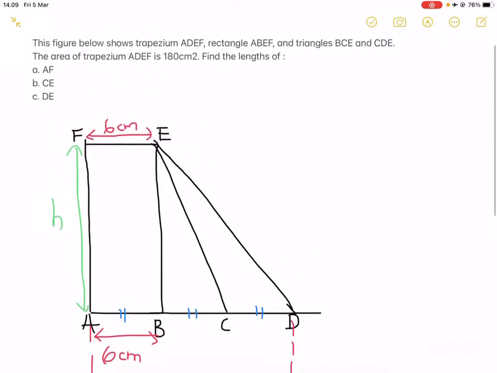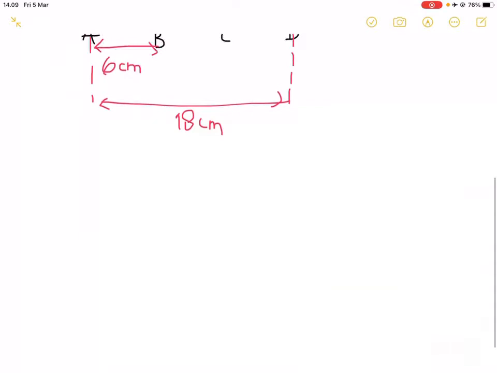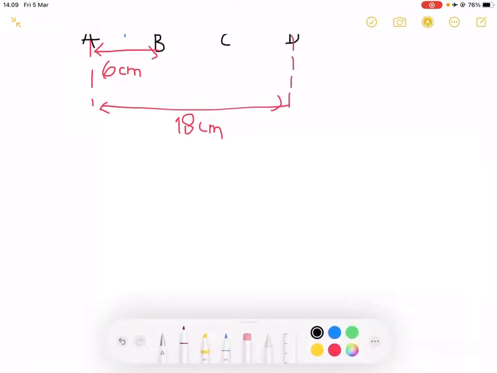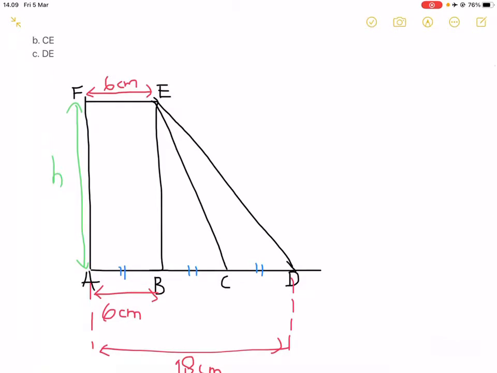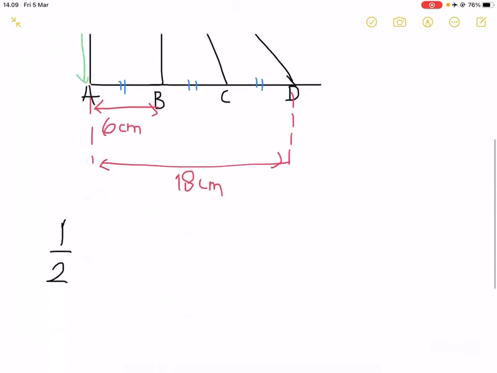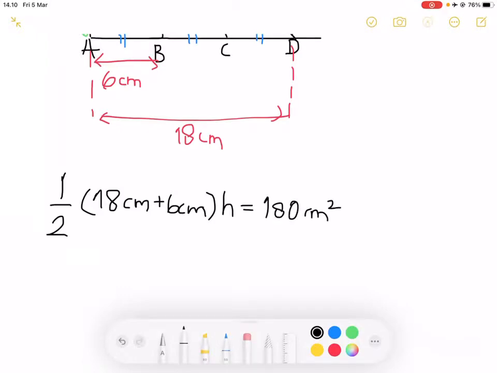Right, with this information we can just form an equation in terms of h relating the area of this trapezium. So the area of the trapezium is a half times the sum of the parallel lines, which are 6 centimeters and 18 centimeters, times h, which is the height, is equal to 180 centimeters squared, as said in the problem.